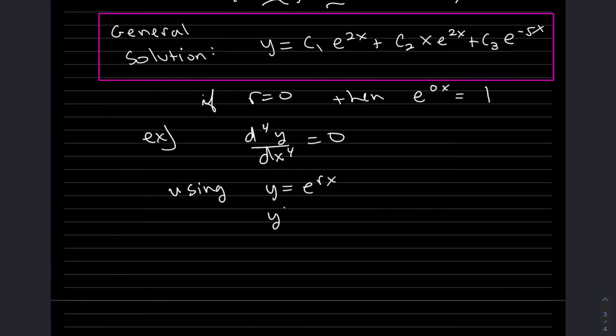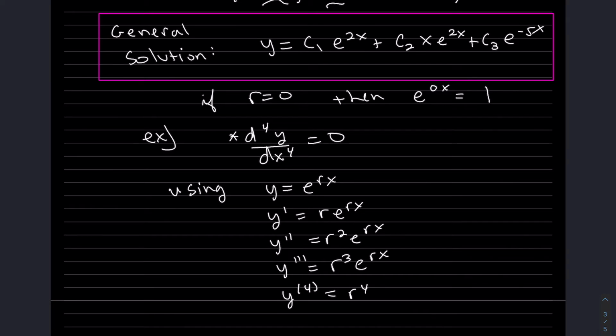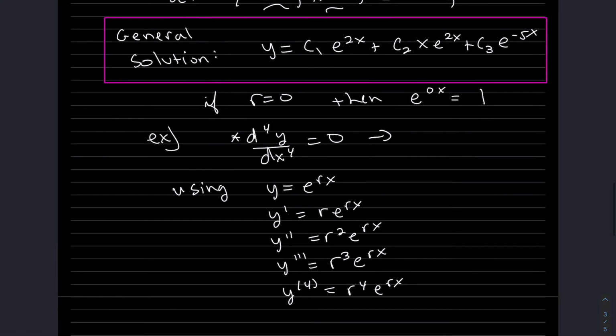So y prime, we want the 4th, y to the 4th. This is r e to the rx, y double prime, it's r to the 3rd, and y to the 4th, which is what this is. So we only have one thing to plug into it.